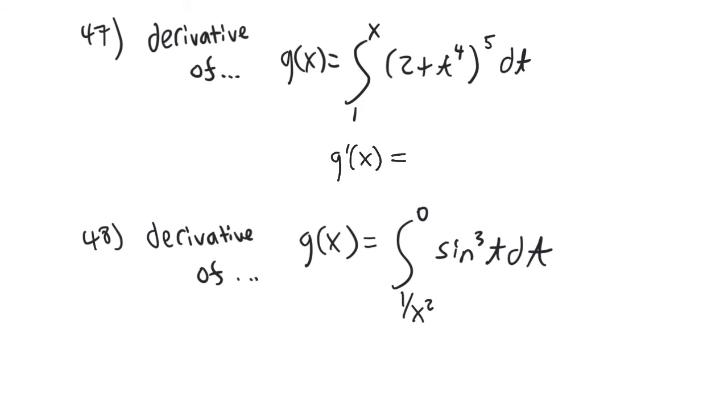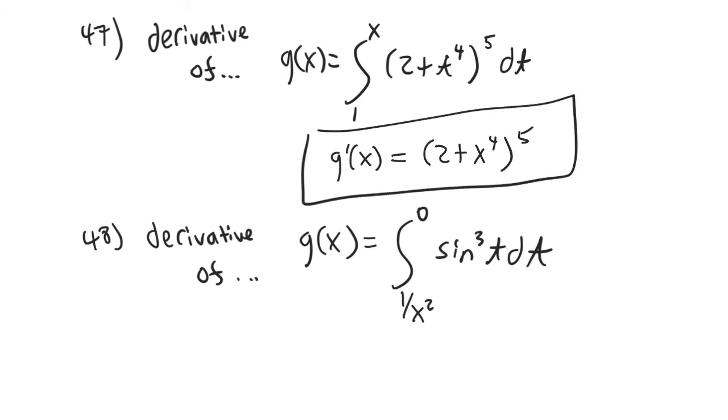Pretty awesome. 2 plus x to the 4th raised to the 5th. Boom! How easy is that? Now remember, you can do that only when you go from a constant up to x. Okay? You just rewrite it, replace t with x.